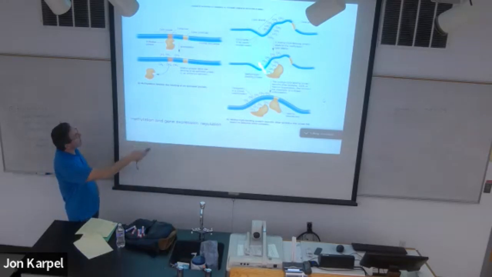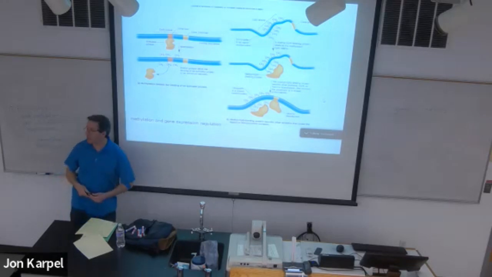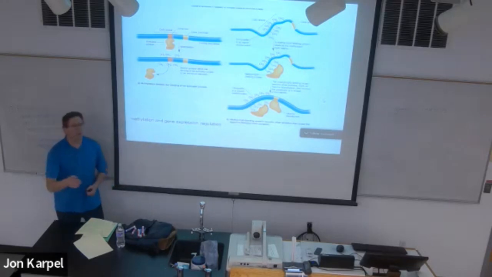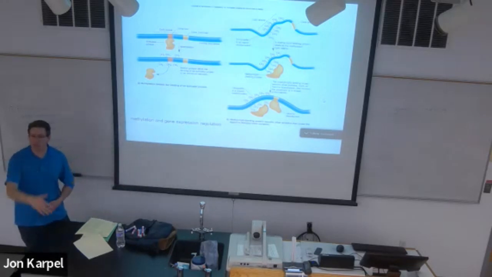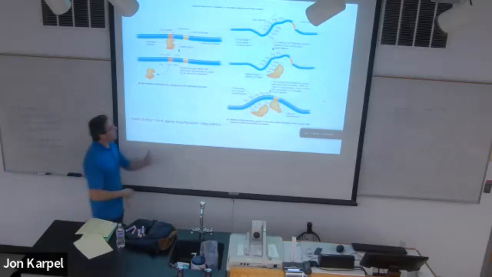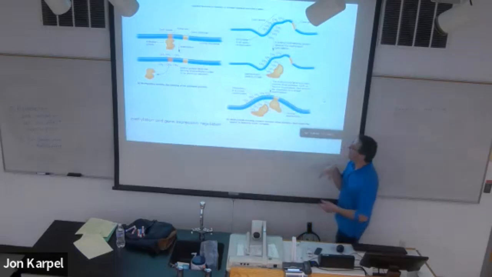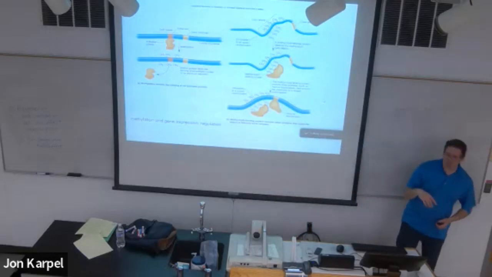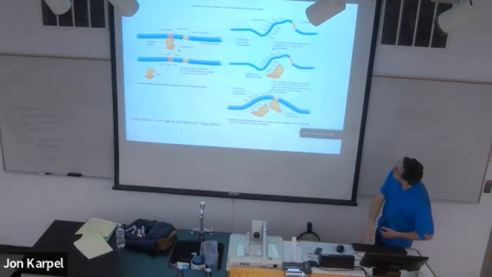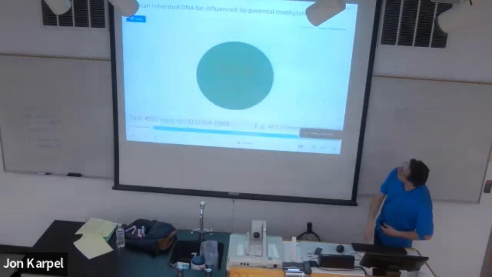And these can actually attract proteins. So you could attract maybe a chromatin remodeling complex or even a transcription factor by itself. And then again, this could have some sort of downstream effect on the transcription of that gene, whatever it is. So it's kind of interesting, right?